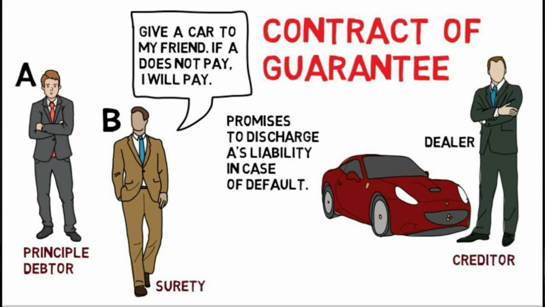So the dealer is going to sell the car. What is the surety saying? Oh dealer, please give a car to my friend. If he does not make the payment, I will pay. So the surety has started the contract. He is promising to discharge A's liability in case of default. So I am referring to a contract of guarantee through this example. Let us understand.